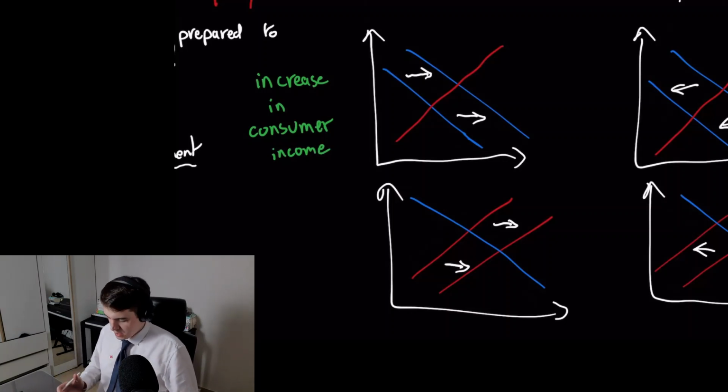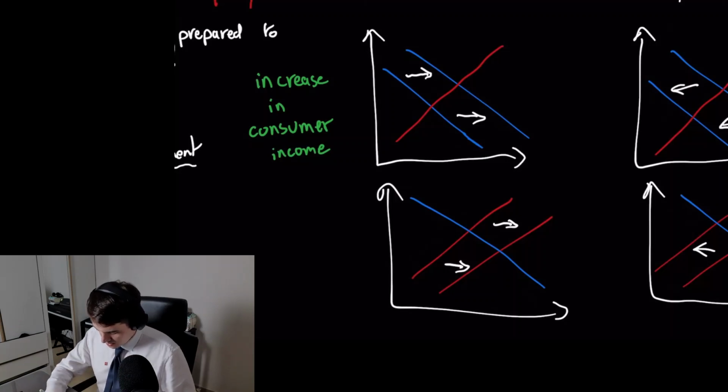So it is now predicted that actually next year all the consumers of the country will have their income go up. They will have more money to spend. So what will happen to the demand curve? It will shift to the right.